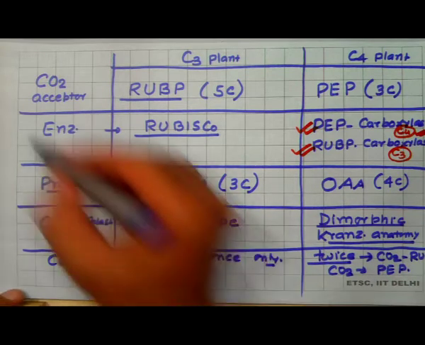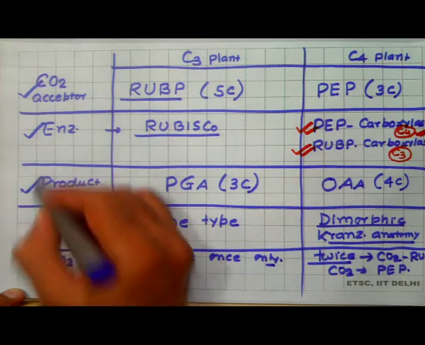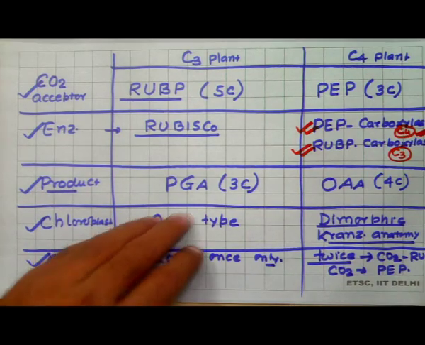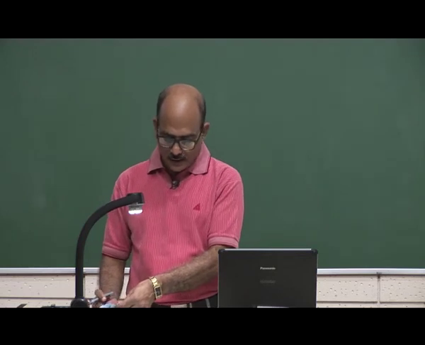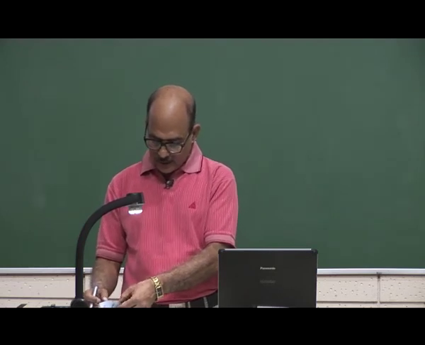So, these are the 5 main points which give the differences between the C3 and C4 plant.